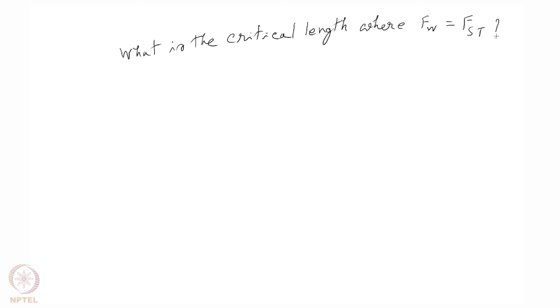So let's compare it, right? At which point Fst will be just crossing the weight force. So let's call it not equal to, rather just crossing, so that it will just float, where the surface tension force will be just higher than the weight of the block. What is the surface tension force?